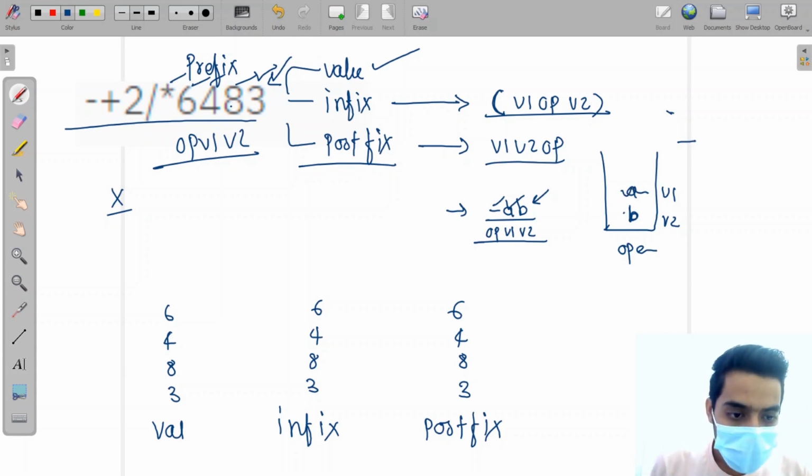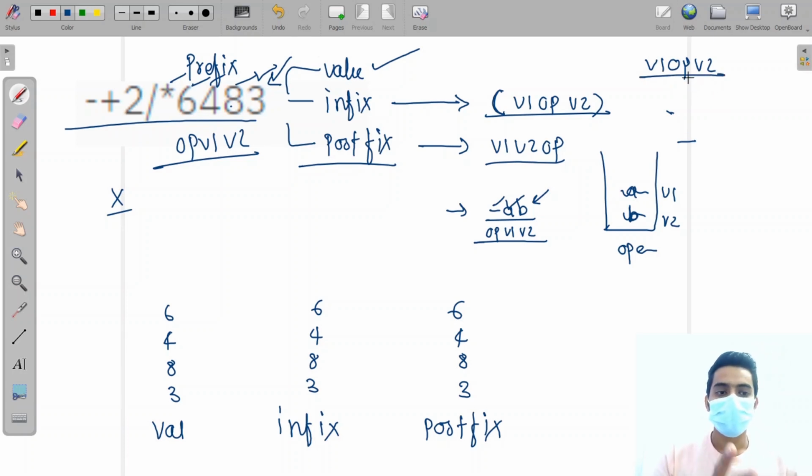When the operator comes into the game, we need to pop 2 elements from the stack and solve it first. So when solving, v1 is a, the operator is minus, and v2 is b. So when we are traversing any expression from right to left, the popping is like this.